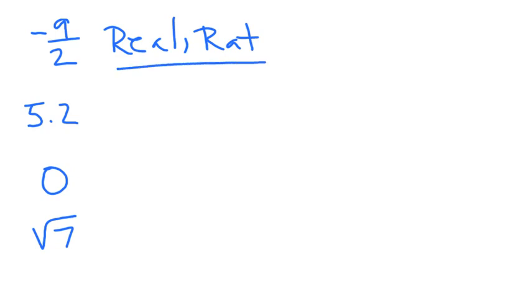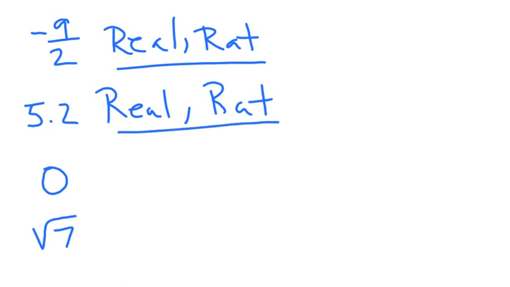Is it real? Yes, all the numbers we're working with in math are real. Is it rational? Yes, all decimals that are normal decimals, they're just rational. Okay? What about, is it an integer or a whole number? No. Decimal numbers aren't whole numbers. They're not integers.